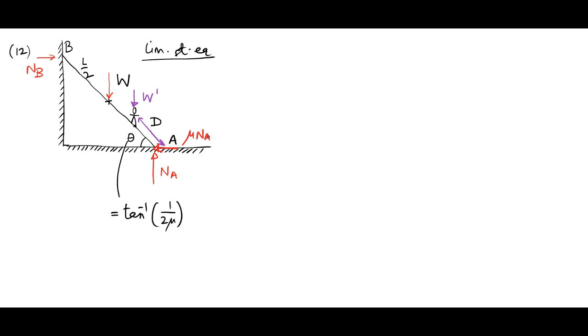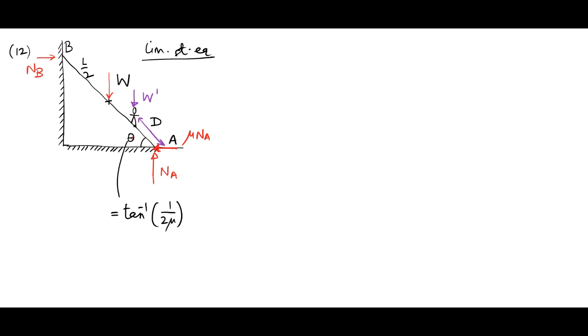It's the FBD not only of the ladder, it's the FBD of the ladder plus man, the system consisting of ladder plus man. Now just to remind you yet again, theta is not any angle which you like.